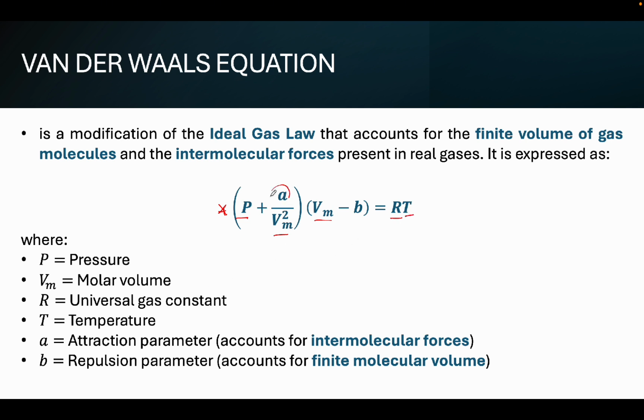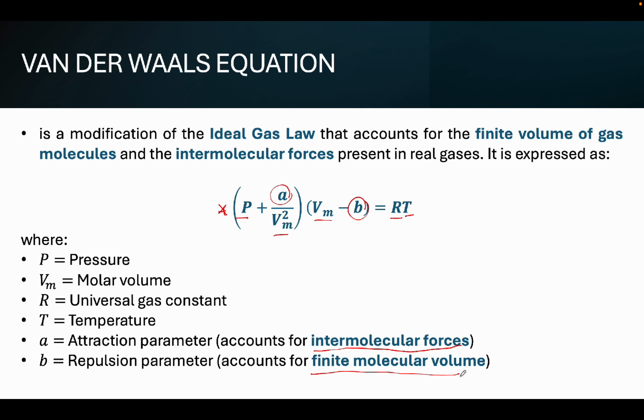Now, we have here a and b. a stands for the attraction parameter, so this accounts for intermolecular forces, whereas b is the repulsion parameter. So again, a is the attraction parameter, b is the repulsion parameter, and the repulsion parameter accounts for the finite molecular volume.